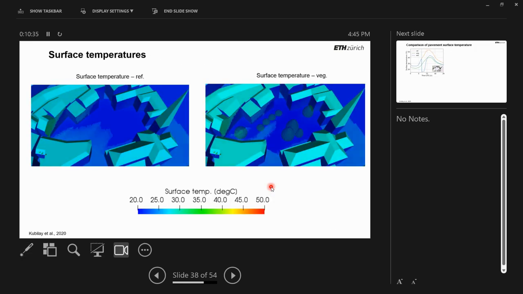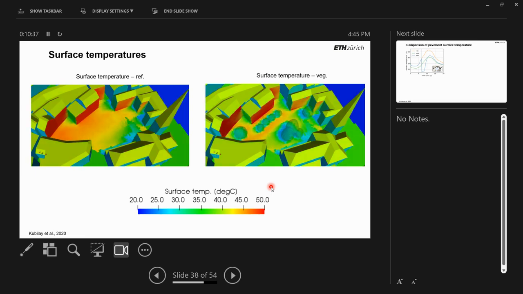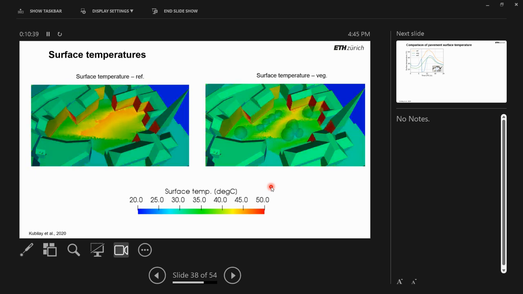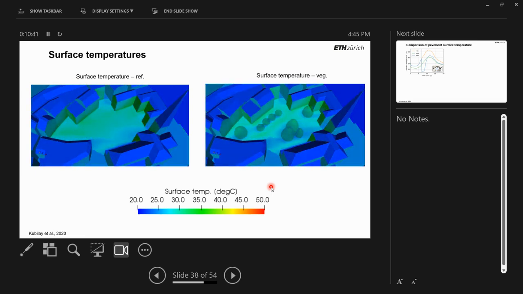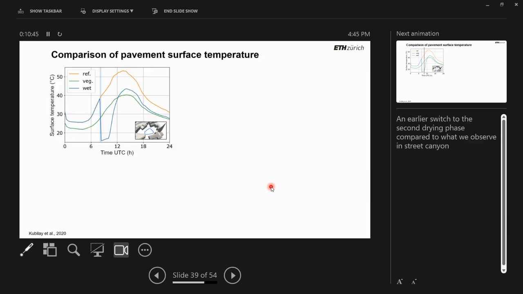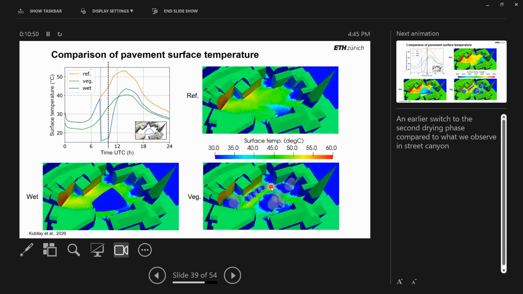So here you see the surface temperatures during the day. You clearly see the effect of the trees. We look then here more in the detail at different times at the surface temperature. You see the reference case on top.